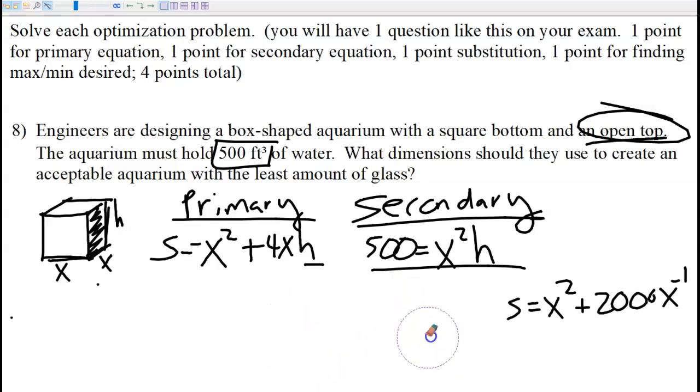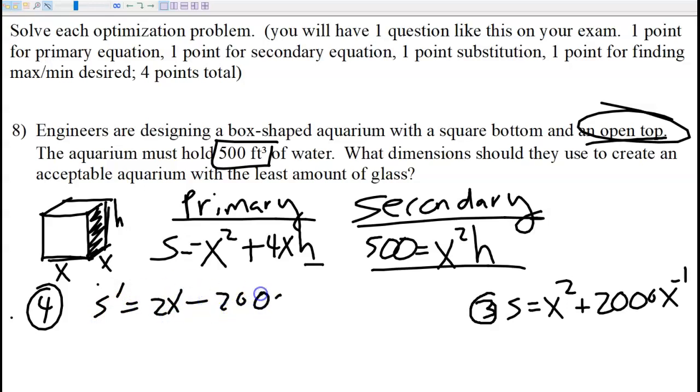All right, once you have your substitution method done, we're ready for step 4, which is to go ahead and find the derivative of that expression, using the power rule there. And then we're going to set that equal to 0.